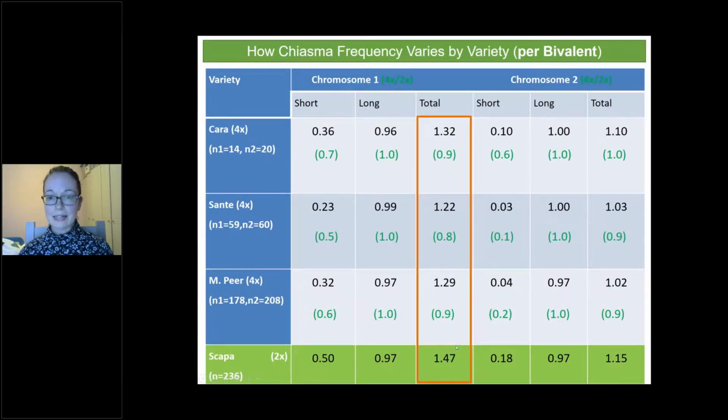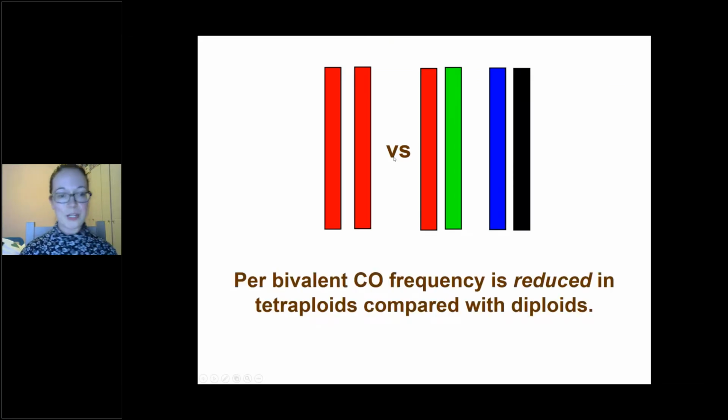And what we can see is that the crossover frequency on a per bivalent basis is significantly less in tetraploids than it is in diploids. And that was the same on chromosome 1 as it was on chromosome 2. So basically we concluded that the per bivalent crossover frequency is reduced in tetraploids compared to diploids.